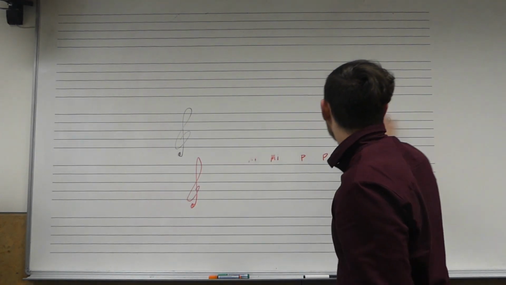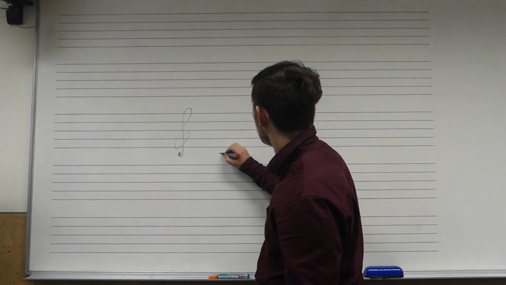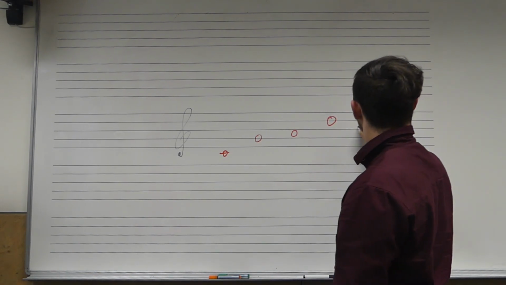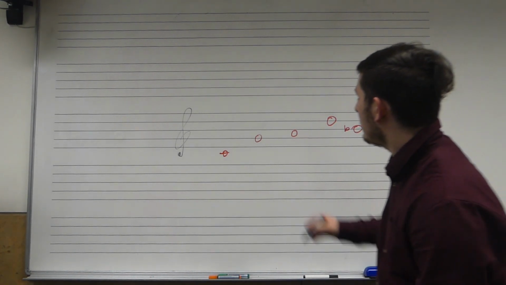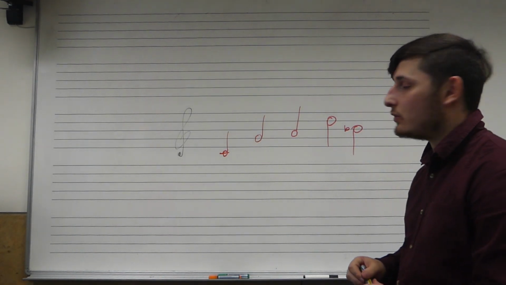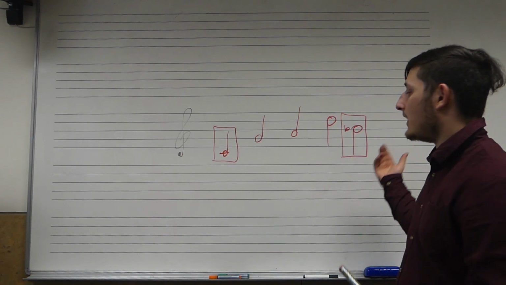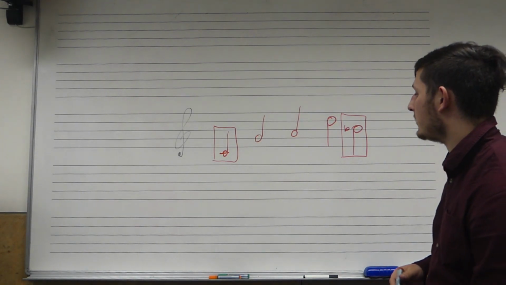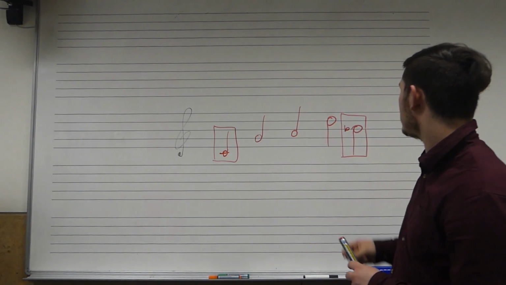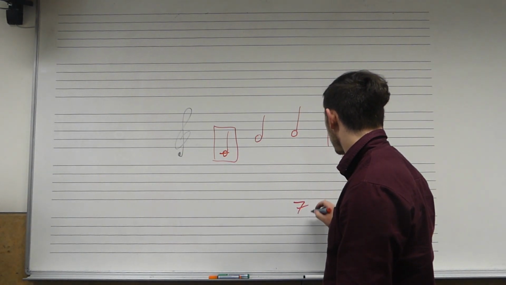Now, this can be done with any key. So if you're given a song that goes something like this, then they tell you to identify this note and this note, and they want you to work out the interval between them, where you can go C, D, so 1, 2, 3, 4, 5, 6, 7, because from C to B is 7 notes, so it's going to be some sort of a seventh.